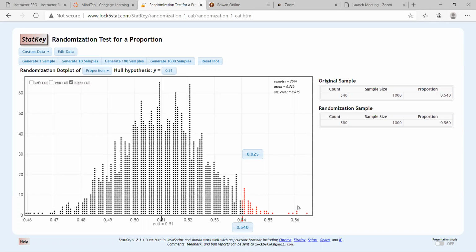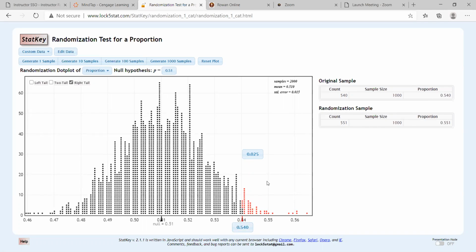And once again, we're going to take our original sample statistic, 0.54, and actually look, this is interesting. It already is here, isn't it? 0.54, that's just a coincidence. Just a coincidence that 0.54 happens to be the sample proportion. That typically doesn't happen.